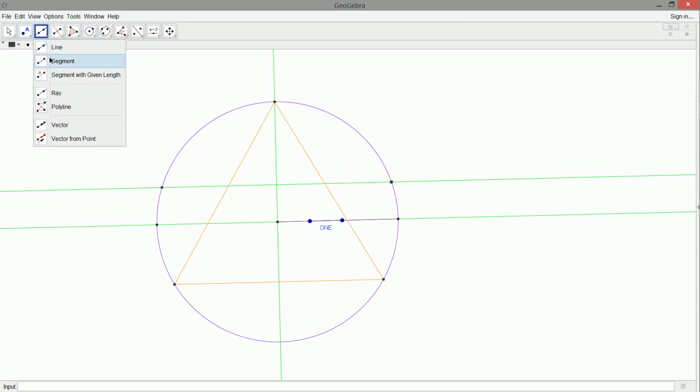Okay, so now if we want to, we can just show, yep, we got ourselves the pentagon. We don't need the full pentagon, however.